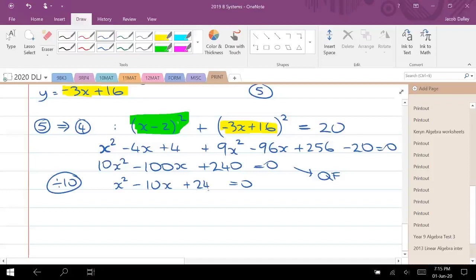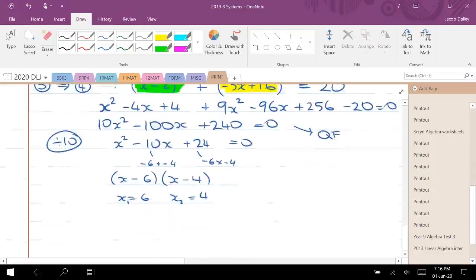So factors of 24 that add to -10, well, -6 times -4, -6 plus -4. So those are our factors. (x minus 6)(x minus 4) gives us our two solutions at x1 equals 6, x2 equals 4.